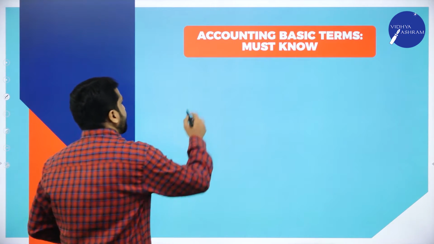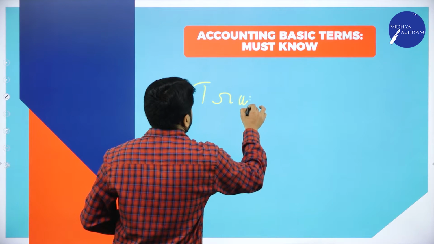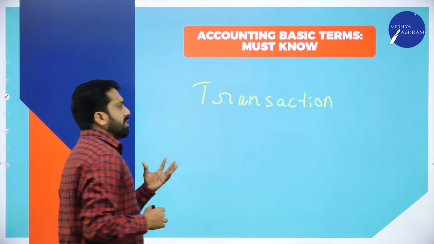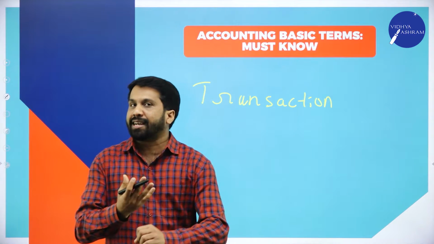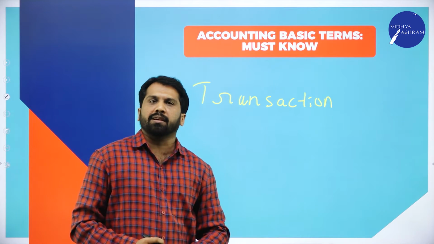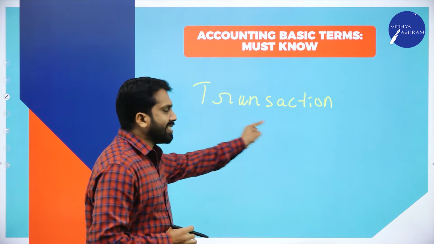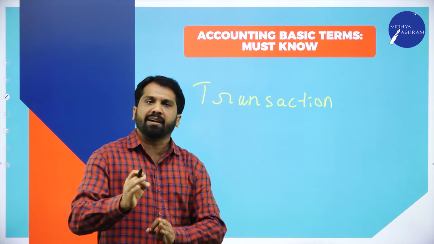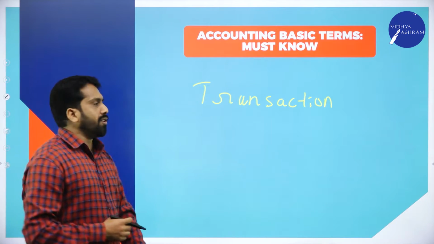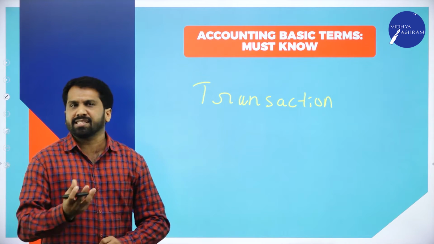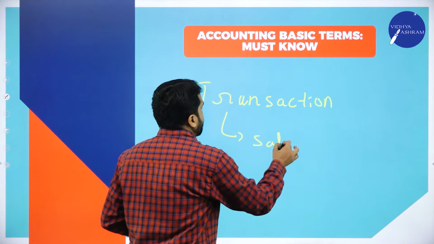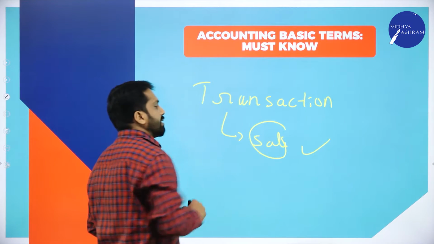Now, the first thing is transactions. These are the basic terms you will come across in the future. While doing problems, we will come across these kinds of words. Better we understand them now itself. What do you mean by transaction? Simple. If I sell any goods, that is a transaction.